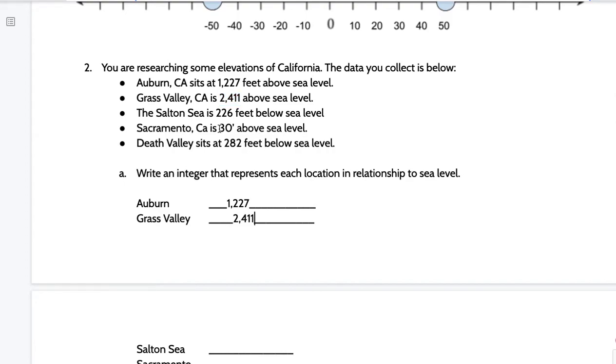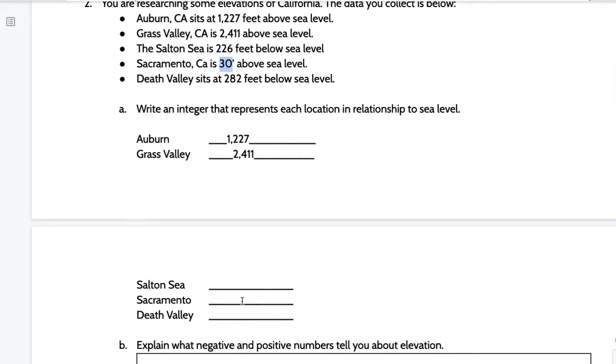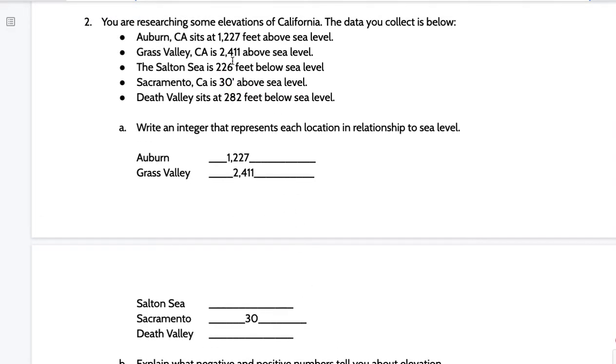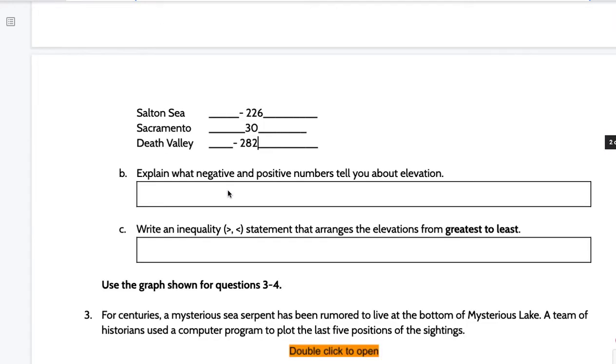This one's also above, so Sacramento is going to be positive. The Salton Sea is below sea level, so that's going to be negative. And Death Valley is also below sea level. There we go, there are the integers.